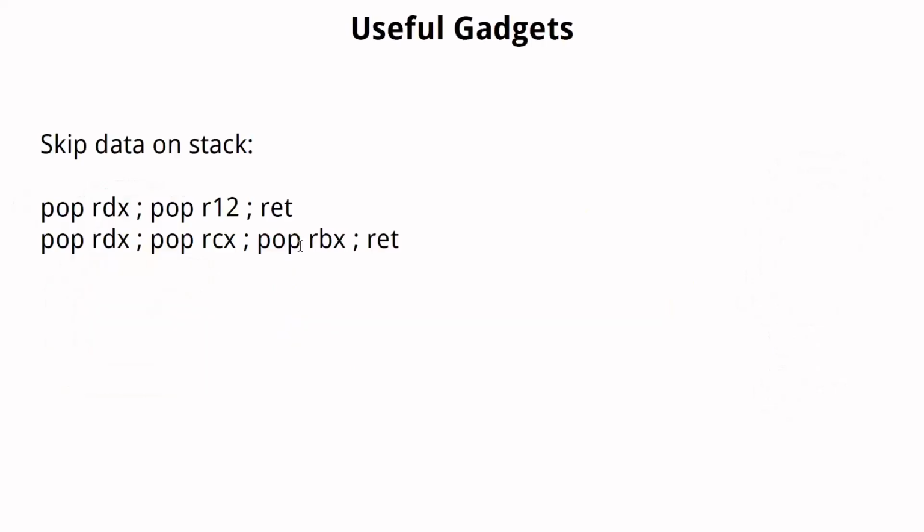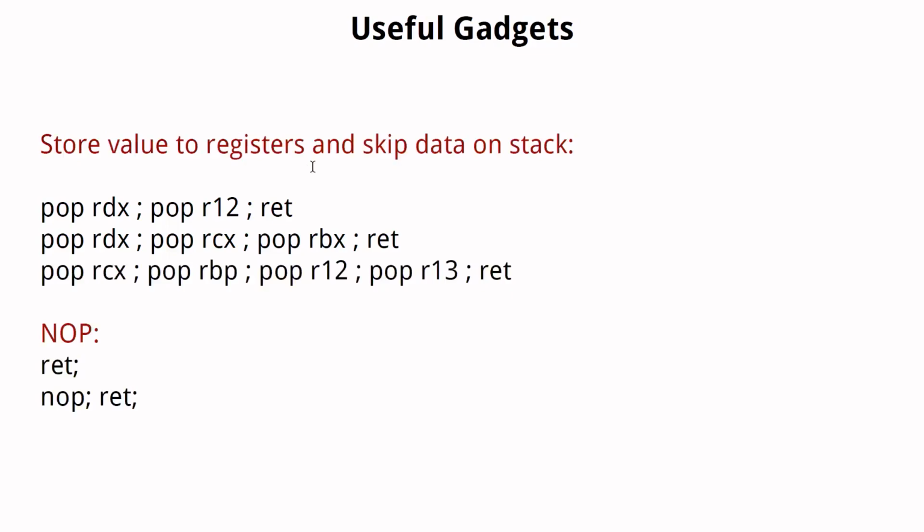There are some useful gadgets I will briefly mention. If you want to skip data on the stack, you can just use a pop gadget, like just now we used the pop r15 there, which we do not really use, but we skip data on the stack, and that gadget was the only one available to us.